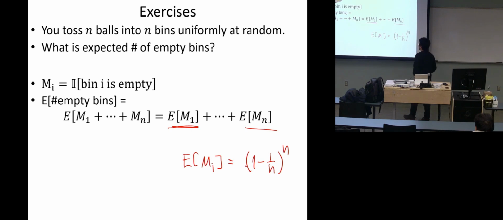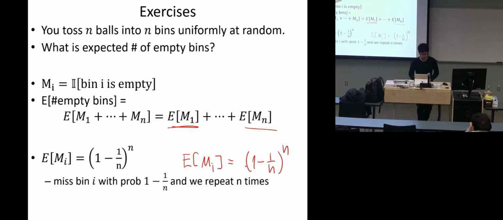This is the probability that you miss the ith bin, but you throw n balls. So the probability that you miss n times is just this thing to the n. Good.